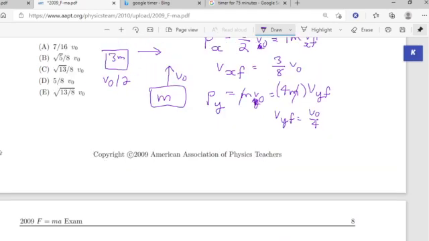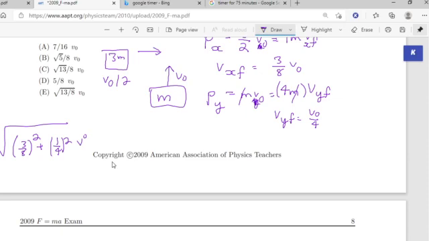So then we would just have to use the Pythagorean theorem, and we would have 3/8 squared plus 1/4 squared, times v naught.